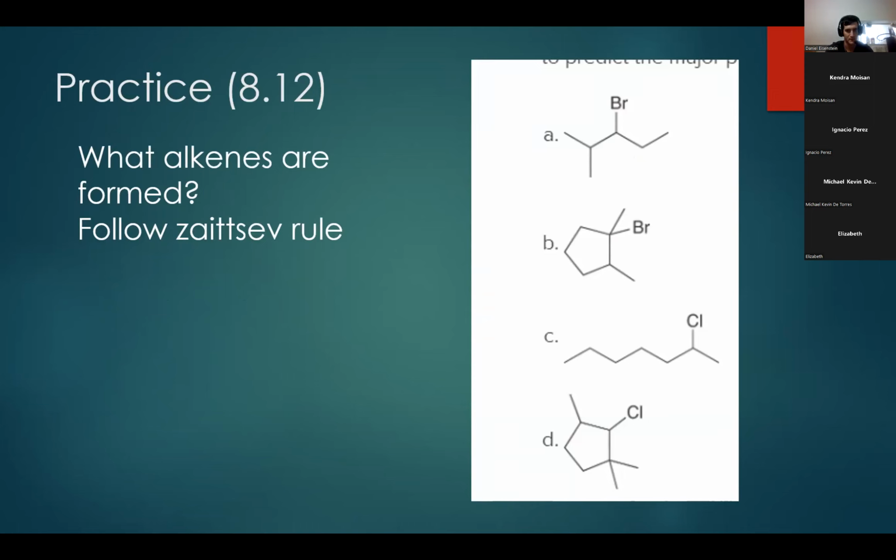And while you guys are doing that, I'm going to put up diisopropylamide and tert-butoxide. Tert-butoxide is way more common in Orgo 1.